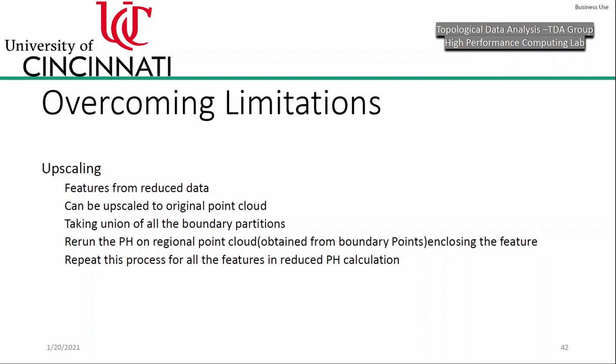For each persistent interval reported by the reduced data, we find its boundary points, which are representative centroid points. From those centroid points we extract all the partitions, and we take a union of all the partitions that constitute the boundary points corresponding to the centroid points. Then you compute the regional persistent homology on all those points, and hopefully you are able to refine the features for that particular region.